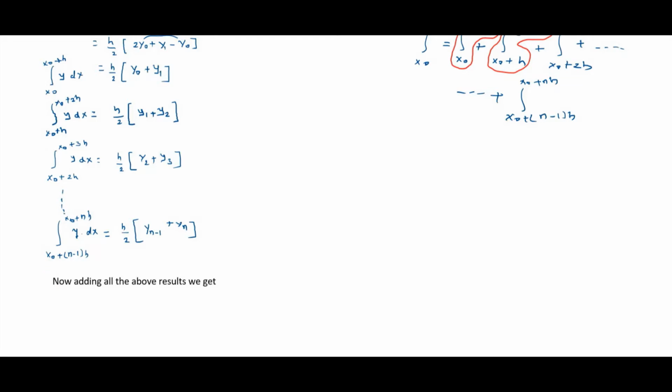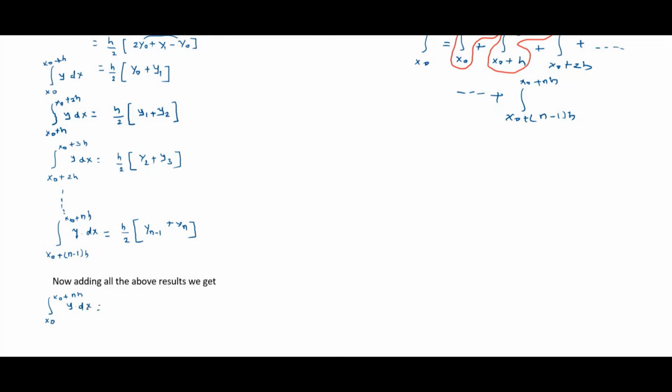So if you add all the terms, we can write it as the total integration from x0 to x0 plus nh of y dx.